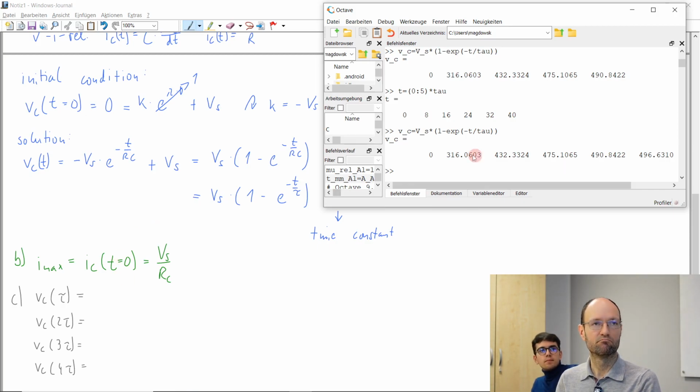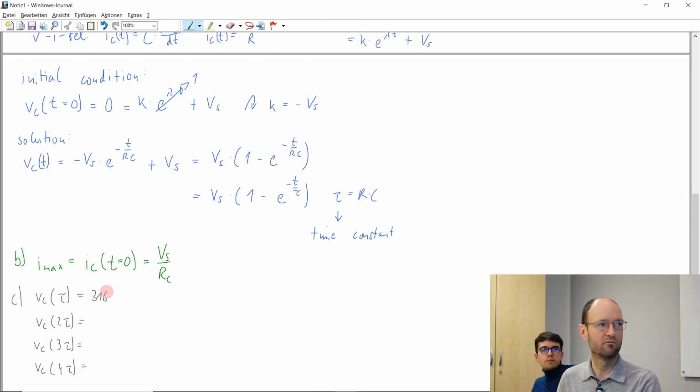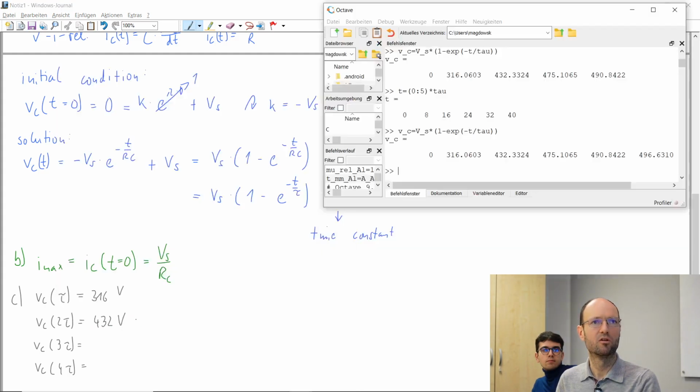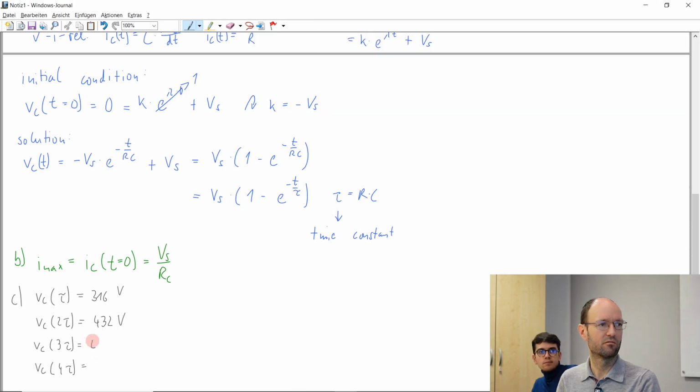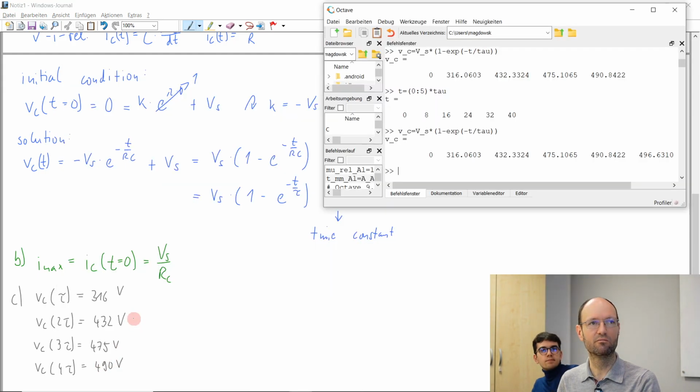So yeah, this is 316, 400 volt, 432 volt, 475, 490. And so we could wait for a very long time, but we will never really reach the 500. We will just get very close to it.